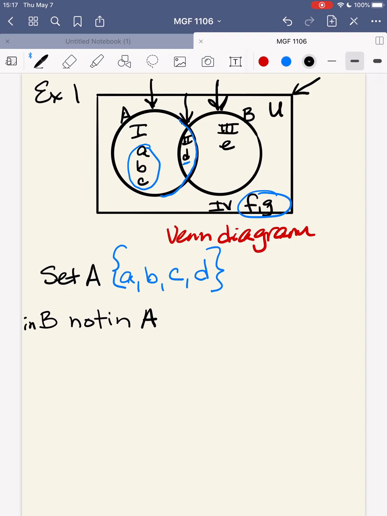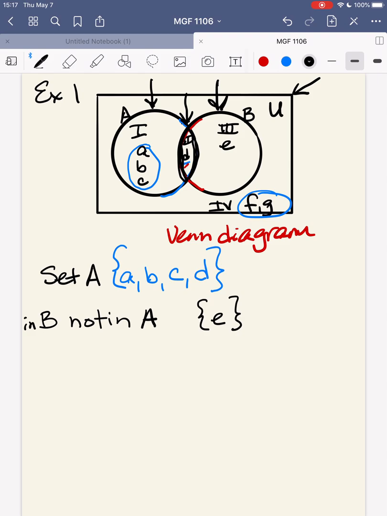Now remember D here is also a part of B. Okay, but it's also sitting in A. So the only element that's in B and not in A is just going to be E. Okay, so wherever it overlaps, this overlapping section here, okay, if you're doing one set or the other set, you can't include that. I know it's getting hard to read now.